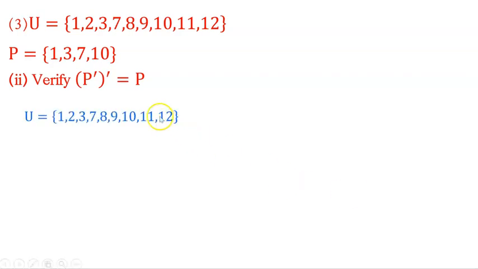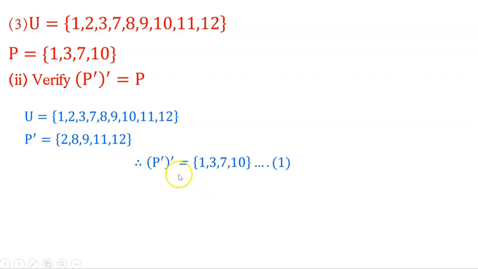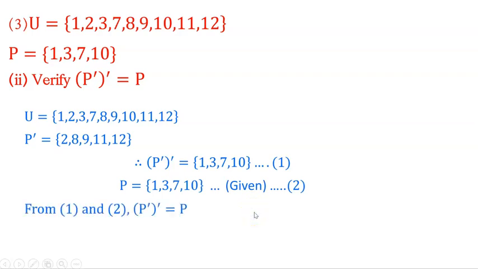Here P complement is 2 8 9 11 12 and its complement means the elements which are not in P complement but they are in U. The elements are 1 3 7 10 and this is nothing but P. Okay, and therefore from 1 and 2, the complement of the complement is equal to P.